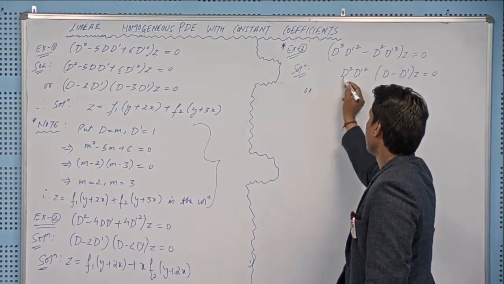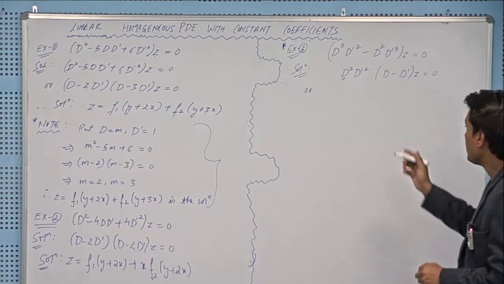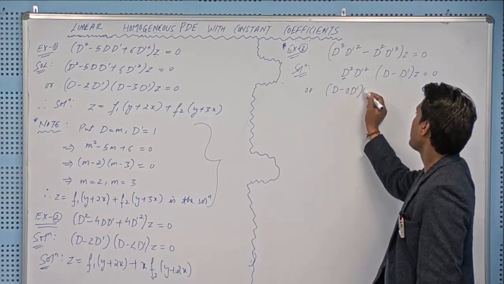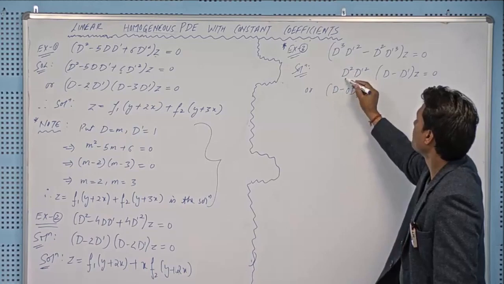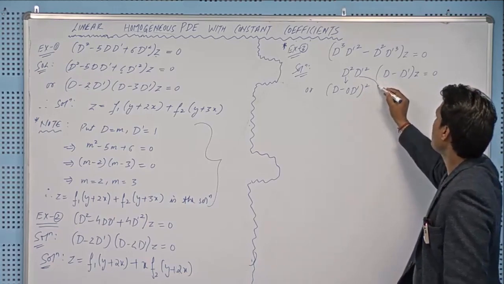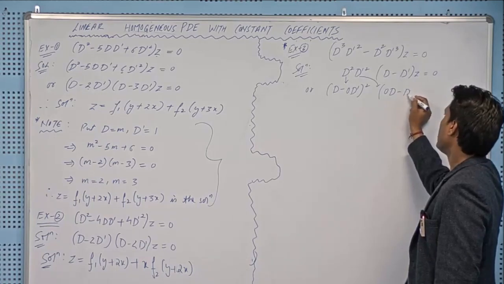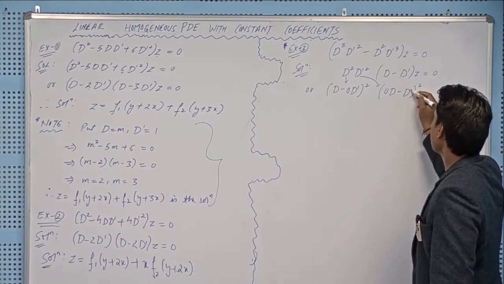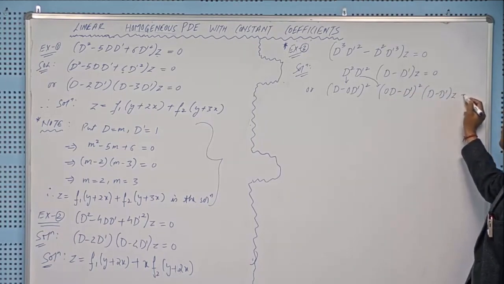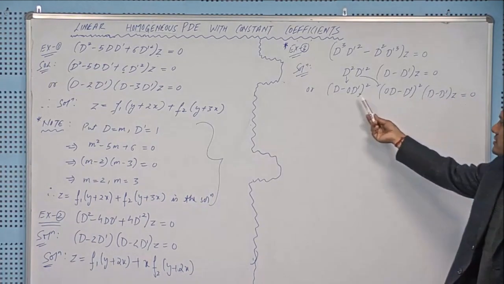I should write D² as (D − 0·D')², and D'² as (0·D − 1·D')². Is it clear? And the next factor will be (D − D')z = 0. So ultimately I have got all terms as a product of linear factors.